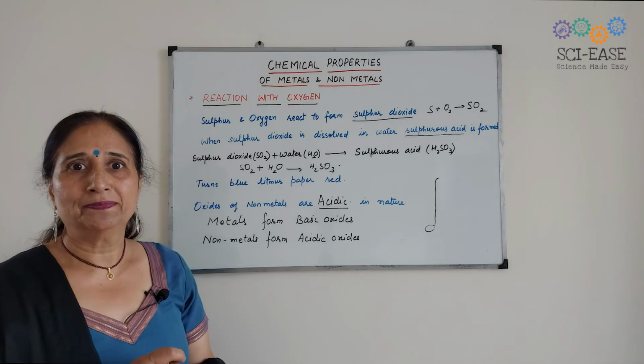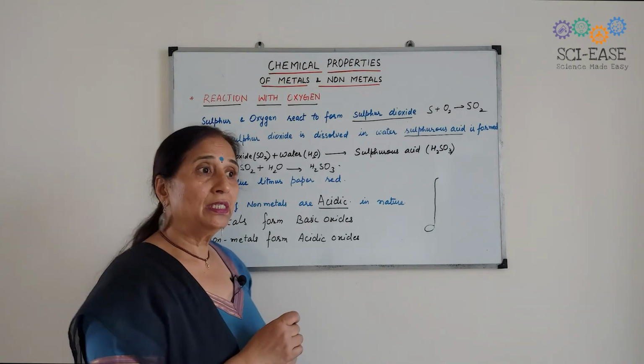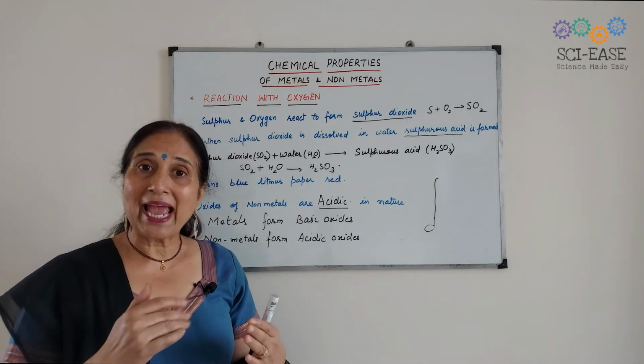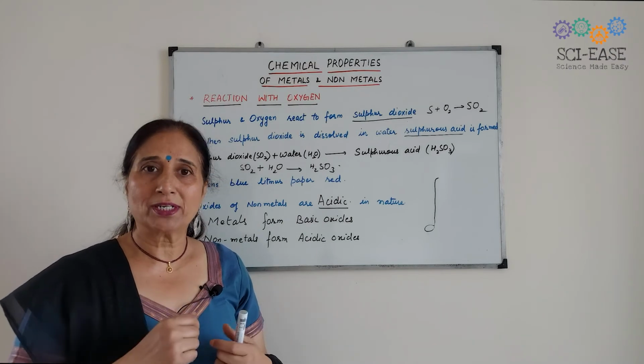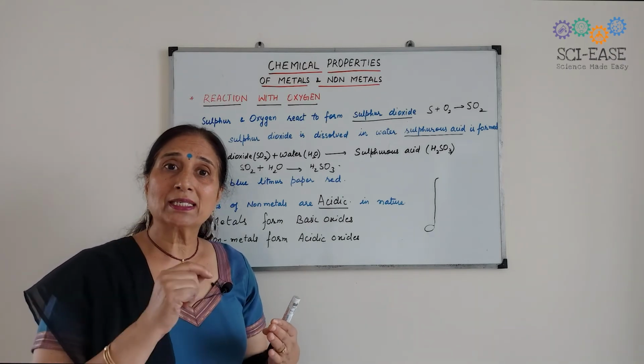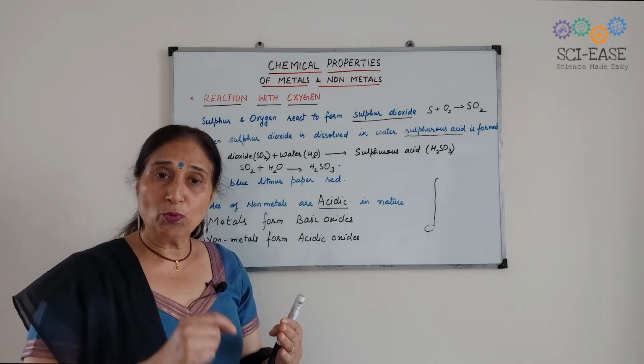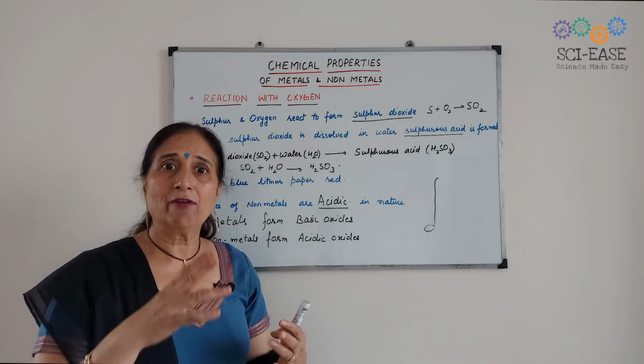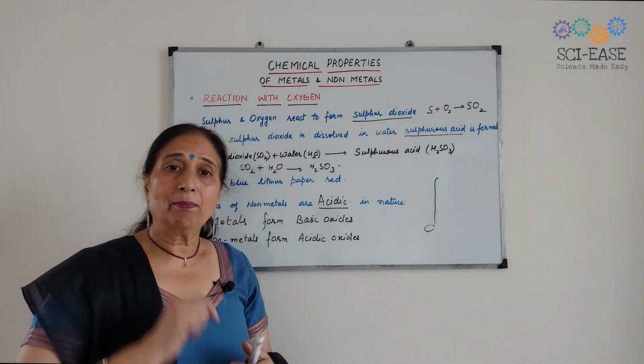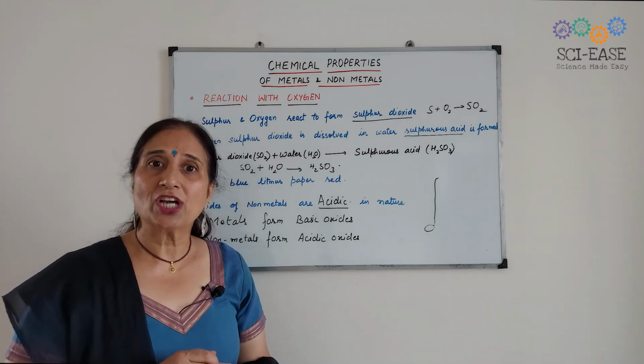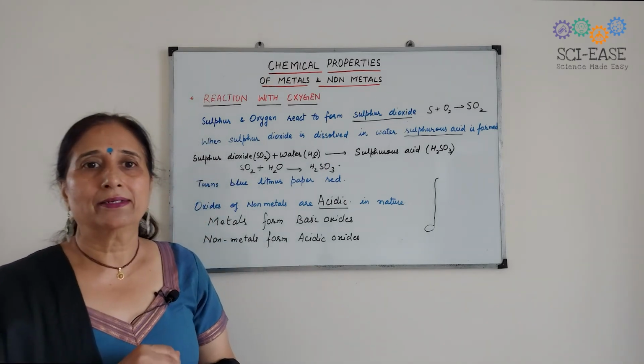Burn the sulfur in air. What you will see is that some gas will be formed. Now, while the gas is evolving, put this deflagrating spoon into the gas jar and close the lid.